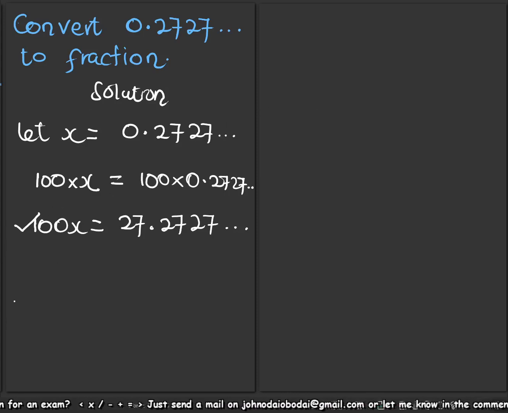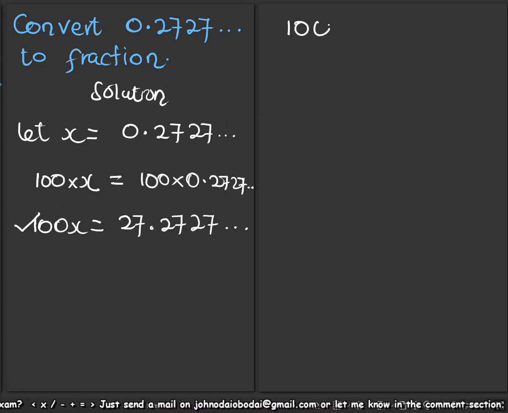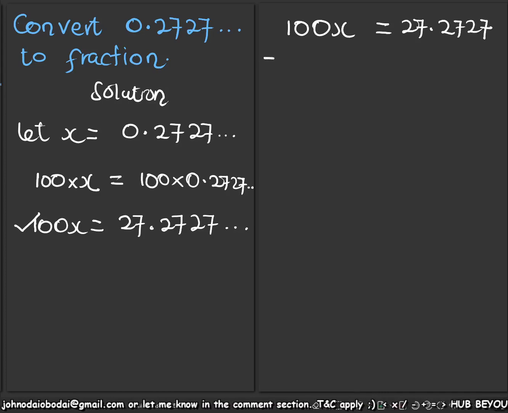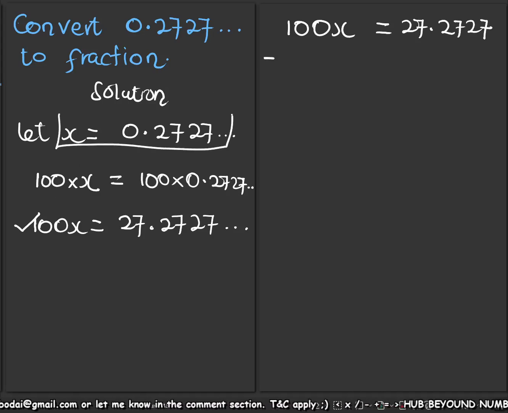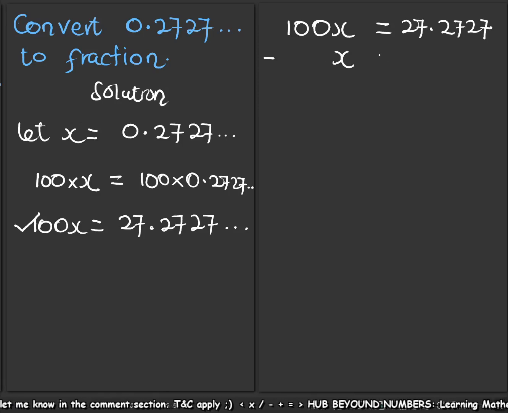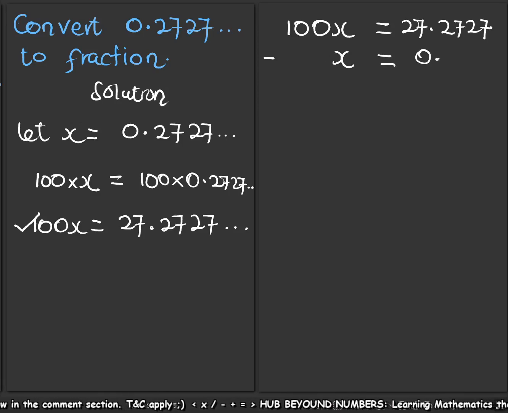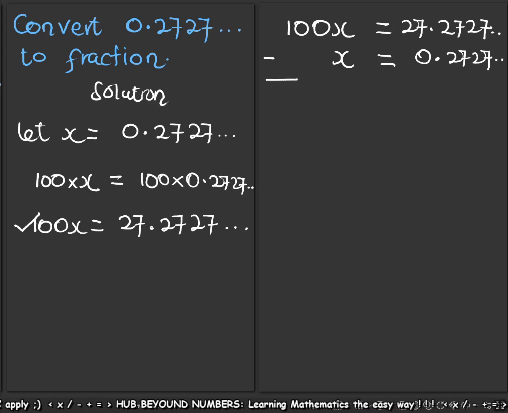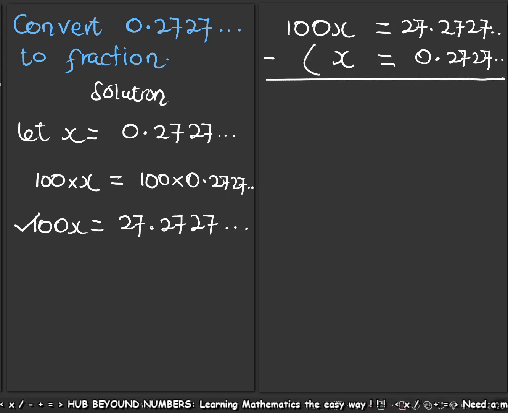And what do I mean by that? We have 100x, which is equal to 27.2727, minus the first equation we wrote out, which was x is equal to 0.2727, which recurs. You see, now let's do our subtraction.